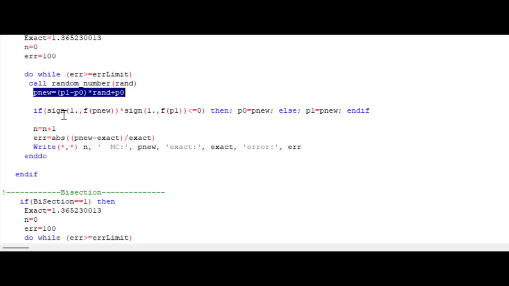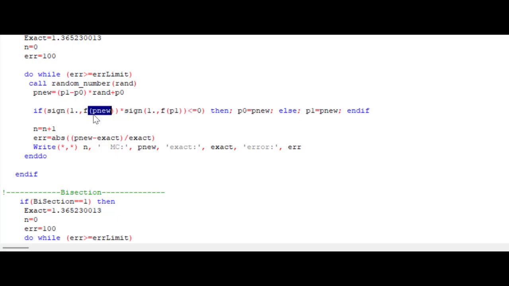And this part tries to find the next interval. This expression returns the sign of the function f at the new point, our new guess of the roots, P new. The result of this part will be -1 or +1. And this part returns the sign of the function f at point P1.